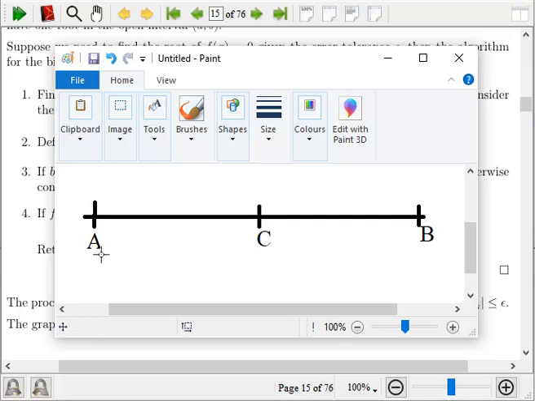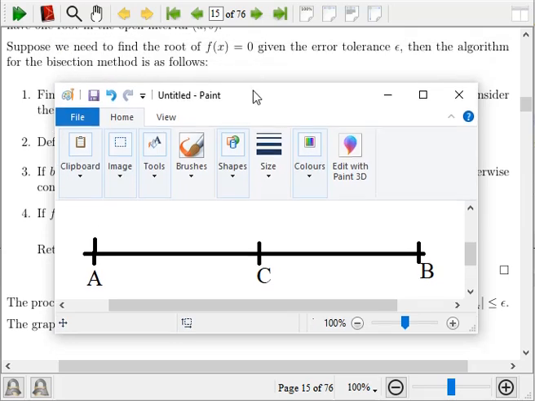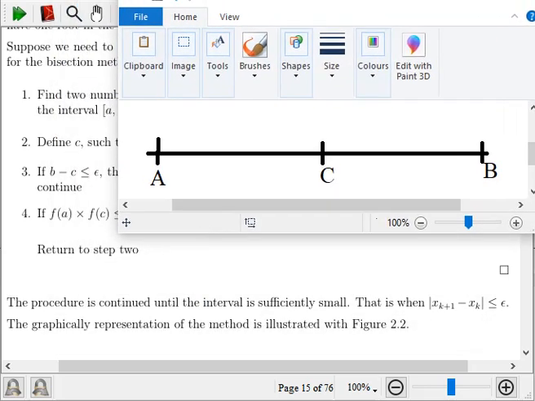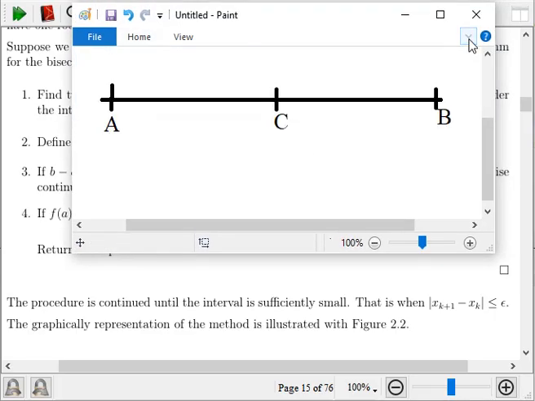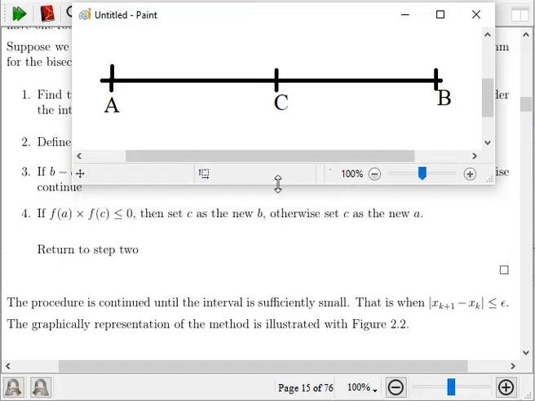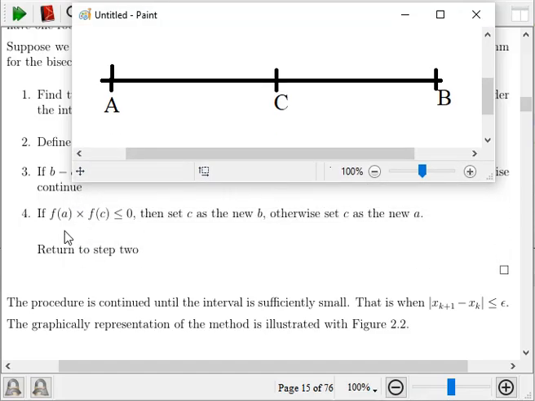My given interval, as I said, is A, B. Then I find C, which is (A plus B) over 2. So what I'm going to do here is check the fourth step.